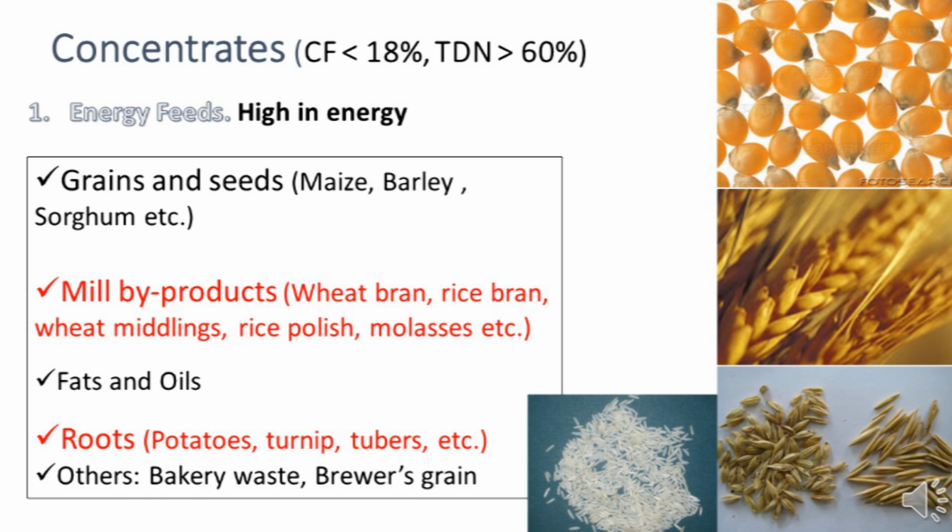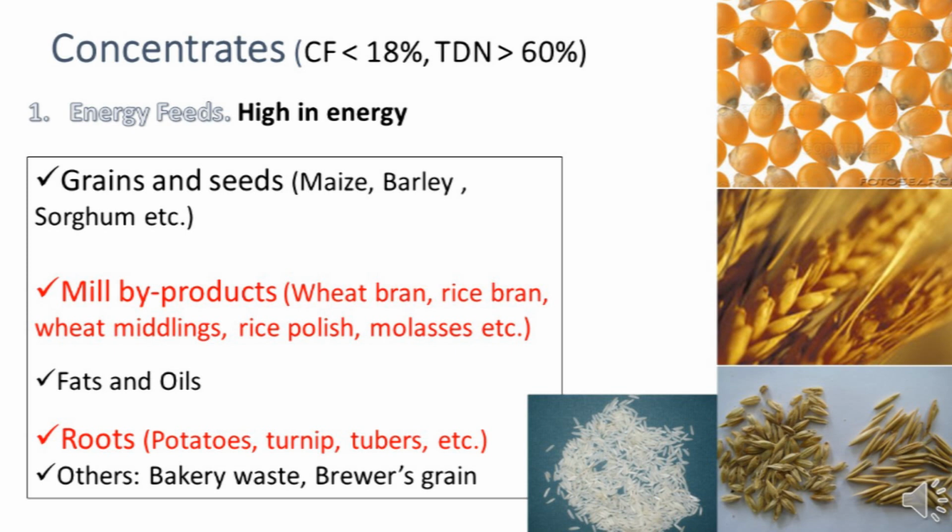But when we do milling of the grain, like when we make flour out of wheat grain, we get a component that is known as wheat bran. Similarly, from rice, we get rice bran and rice polish, then wheat middling. From the sugarcane industry, we get molasses. These items will be discussed in detail under individual types of mill byproducts.